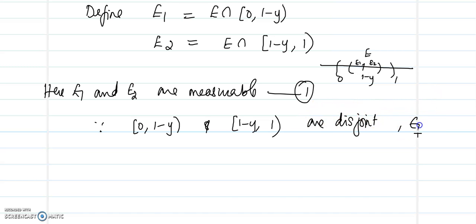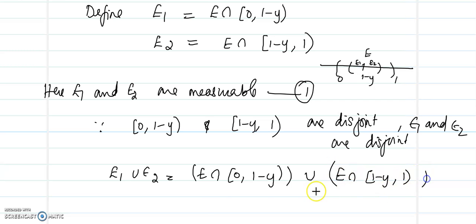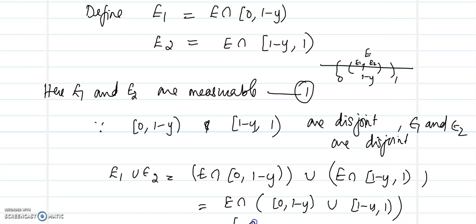Since these are disjoint, when you take E1 union E2, that will be E intersection [0, 1 minus y] union E intersection [1 minus y, 1). That is equal to E intersection ([0, 1 minus y] union [1 minus y, 1)). Taking the union, we get [0,1).